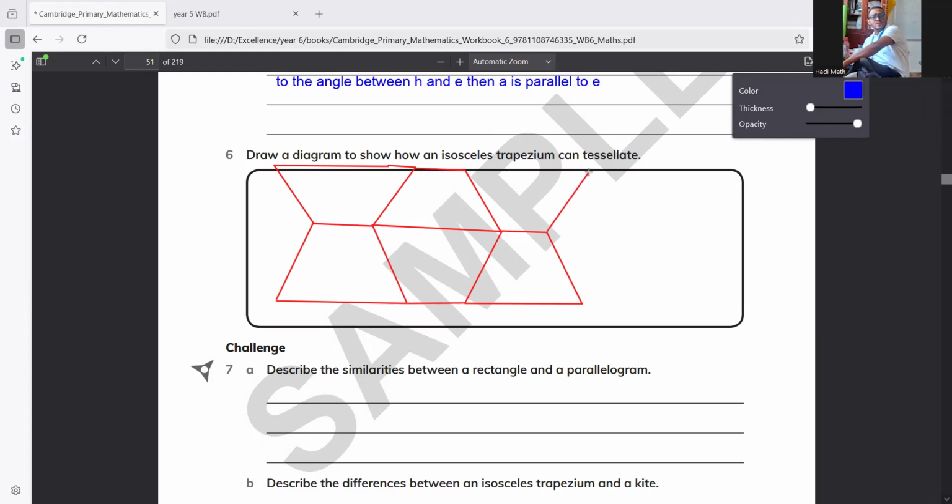This is how you can draw it. Draw with a ruler and make sure you are using equal parts, to give you exactly the translation that you want.